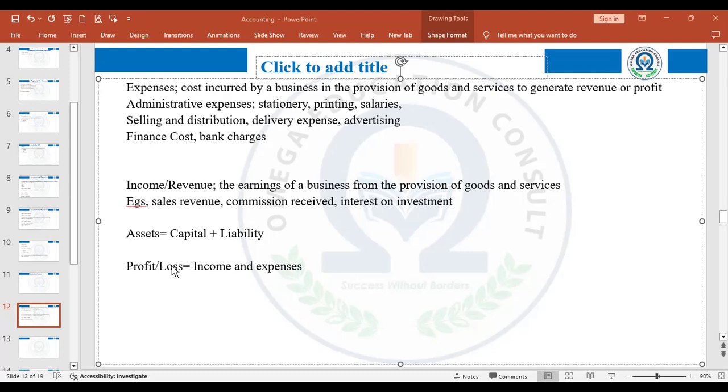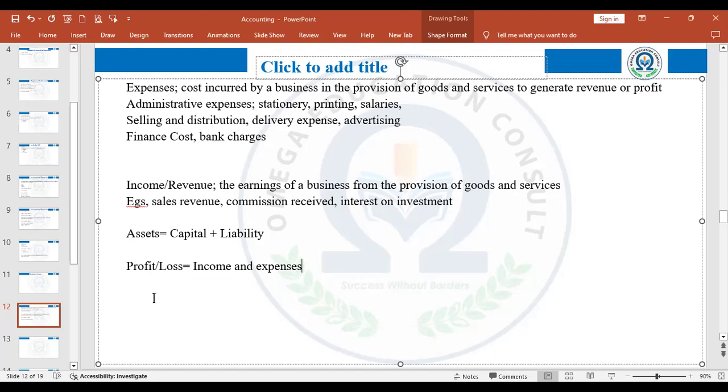Now, if we look at the elements that help us determine profit or loss, income is the one that will make the business get profit, because if your income is more, you get more profit.